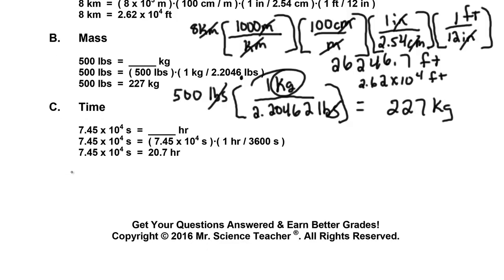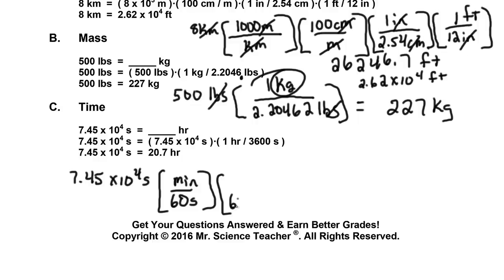So I have 7.45 times 10 to the 4th seconds. And what I'd like to do is convert this into hours. Well, there are 60 seconds in a minute, and there are 60 minutes in an hour.